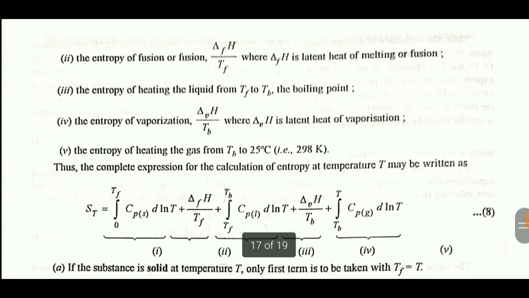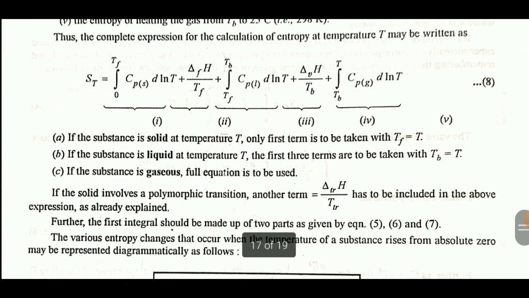Second, the entropy of fusion, del Fh upon Tf, where del Fh is the latent heat of melting or fusion. Third, the entropy of heating the liquid from Tf to Tb, the boiling point. Fourth, the entropy of vaporization, del Vh upon Tb, where del Vh is the latent heat of vaporization. Fifth, the entropy of heating the gas from Tb to 25 degrees Celsius, that is 298 Kelvin.